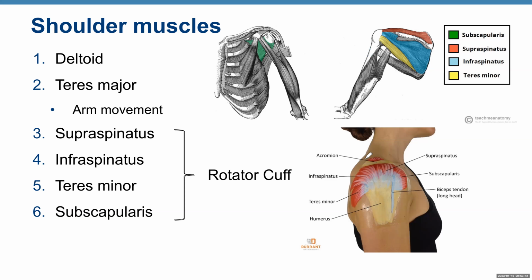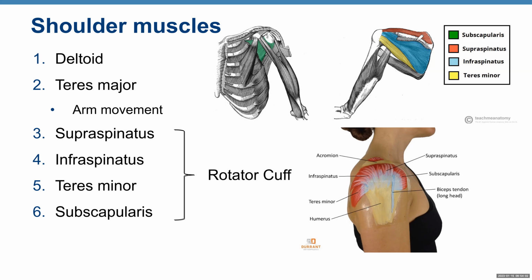And then we have a group of muscles called rotator cuff that include, so let's again go back to this picture. Now, scapula has a bony structure here called spine of the scapula.